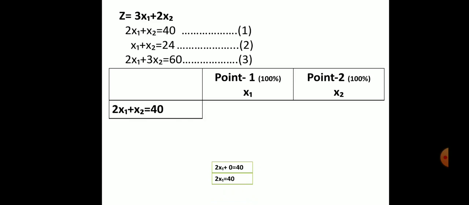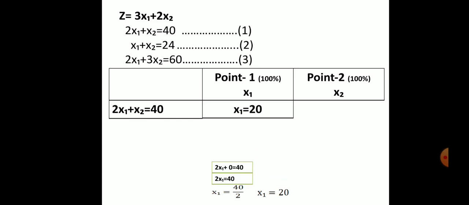If you are producing a certain number of units of x1 and multiply by 2, it's equal to 40. So how to find the value of x1? We divide: x1 equals 40 divided by 2, so the value of x1 is 20.